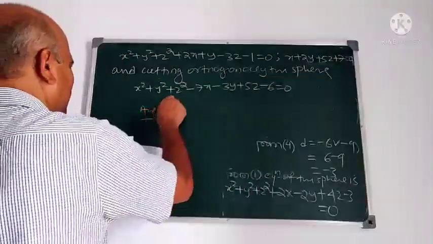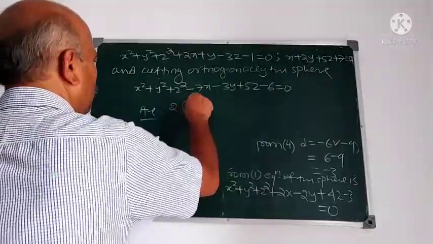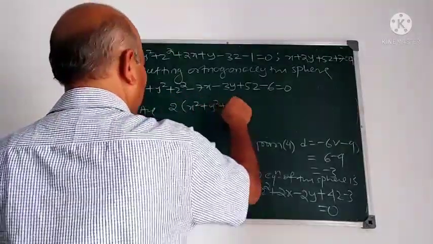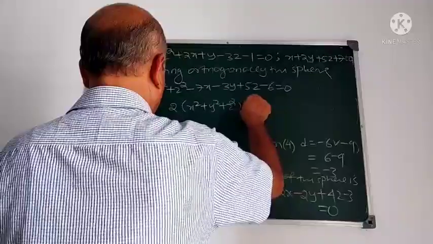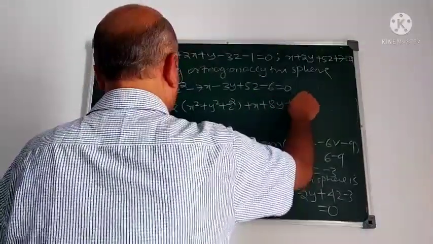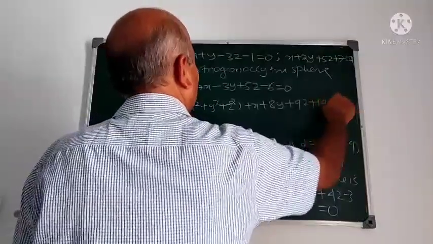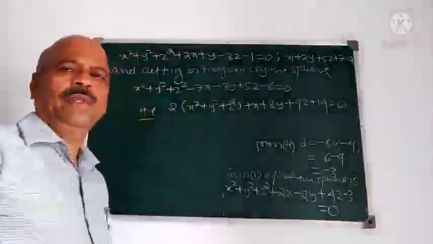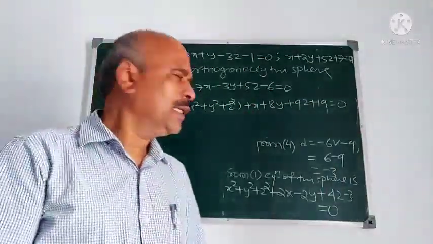You try this as an exercise. The answer is 2 into x square plus y square plus z square plus 6, 8y plus 9z plus 19 is equal to 0. You try this as an exercise.